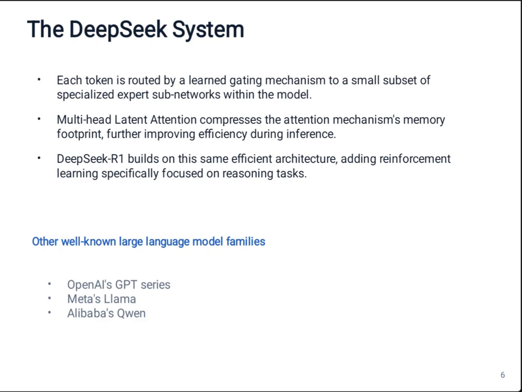The DeepSeek system. Each token is routed by a learned gating mechanism to a small subset of specialized expert subnetworks within the model. Multi-head latent attention compresses the attention mechanism's memory footprint, further improving efficiency during inference.